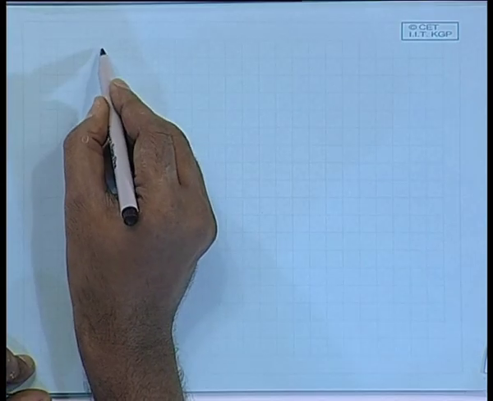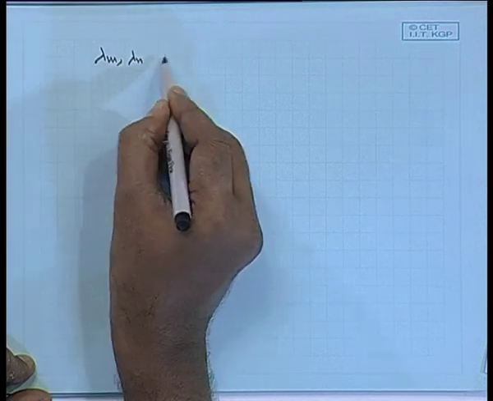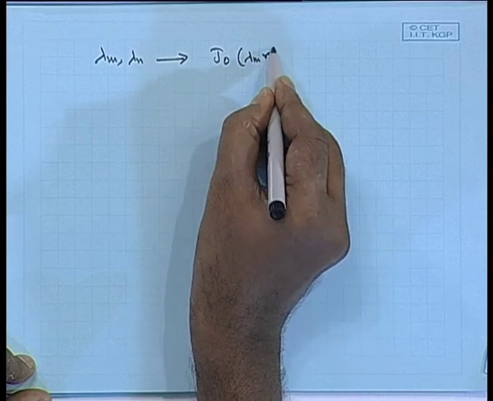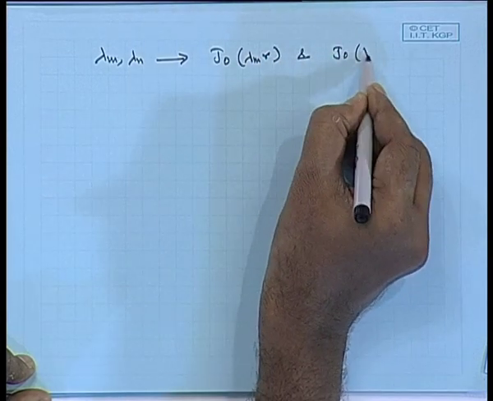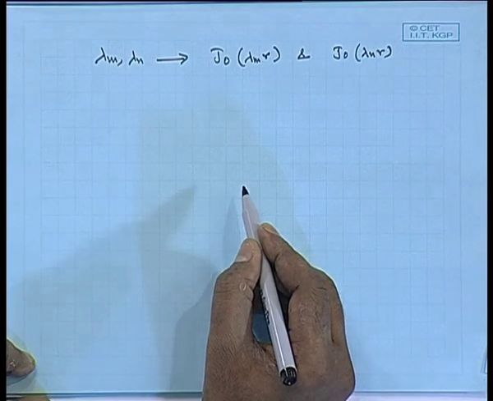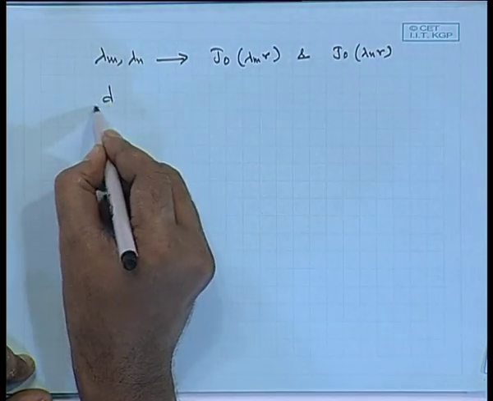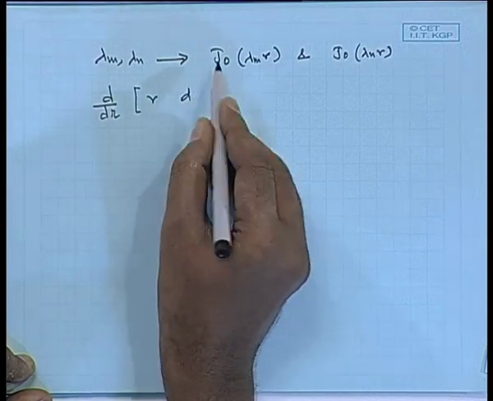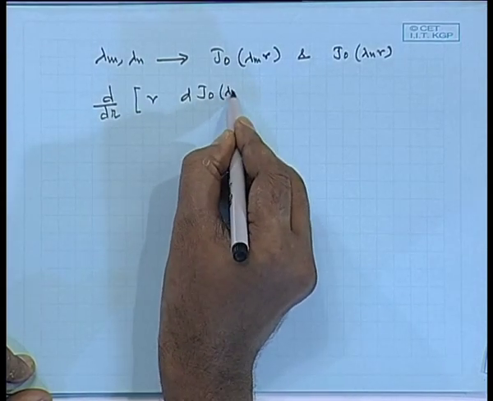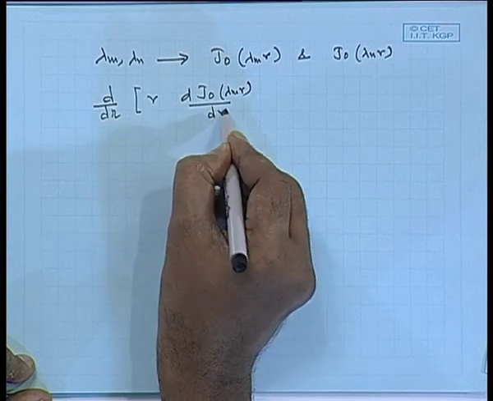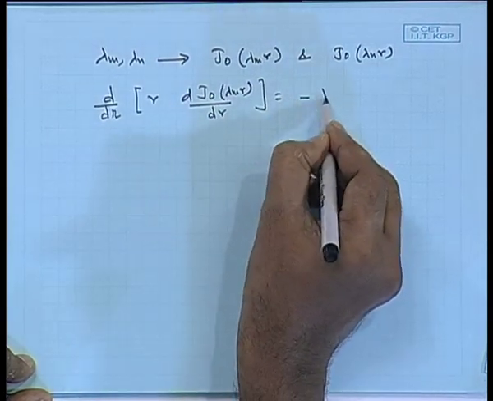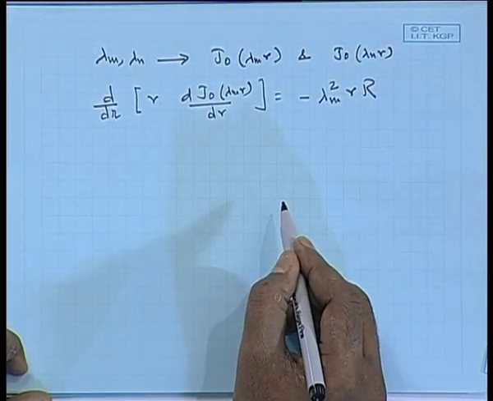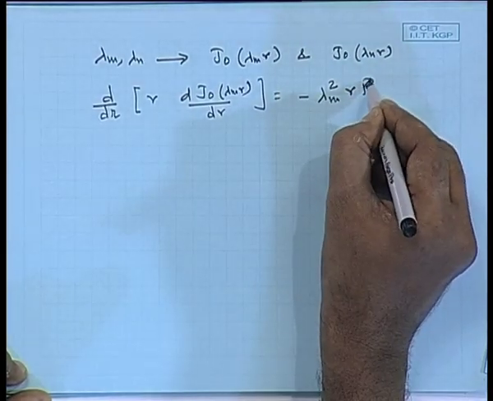Substitute in the governing equation: d/dr of (r dJ0(λm r)/dr) is equal to minus λm square r J0(λm r).